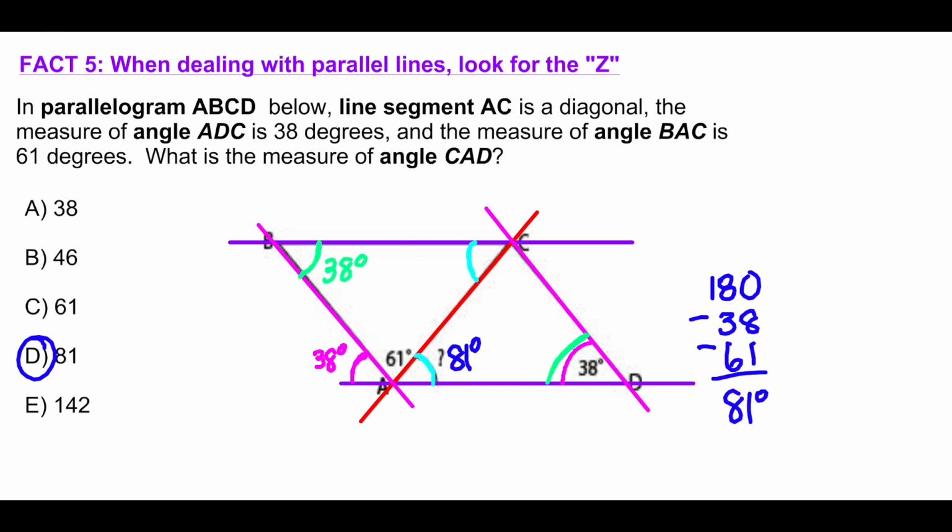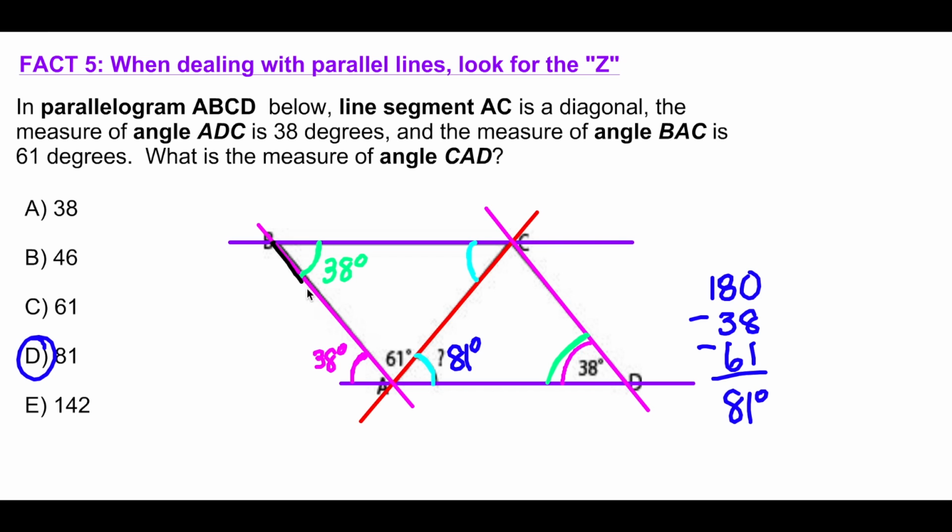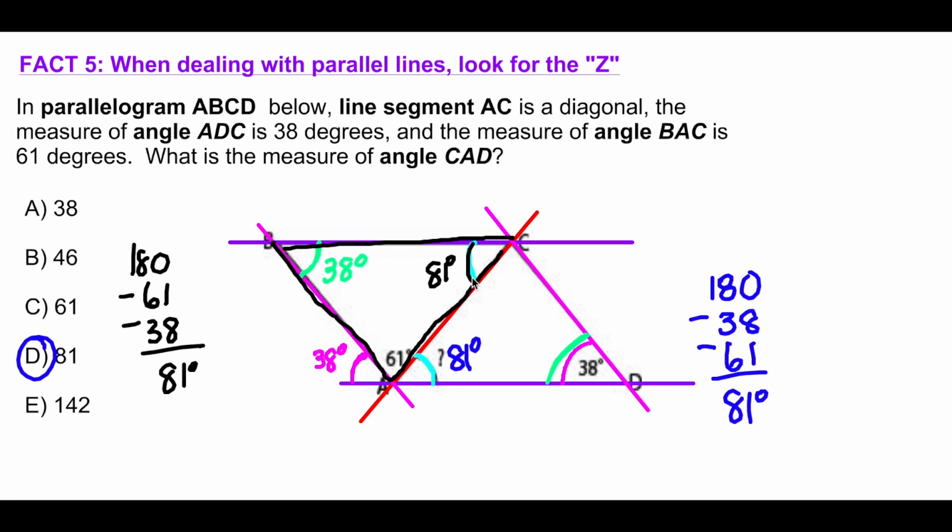So you could also approach it by saying, well, there are 180 degrees in a triangle, what we covered before. So you would do the same steps, 180 minus 61 minus 38, and you would get 81 degrees again for your unknown angle, which is, again, alternate interior.